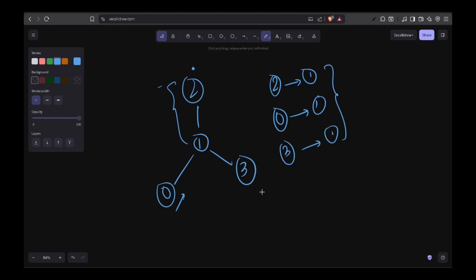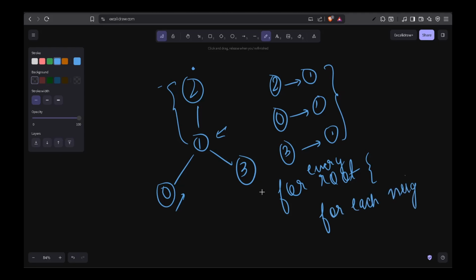We are still making 3 traversals, but we are not stuck at 1, right? If we would have started traversing from the root, the loop would have been something like for every root, for each neighbor, right? That means we would have done an n square time of loop, right?